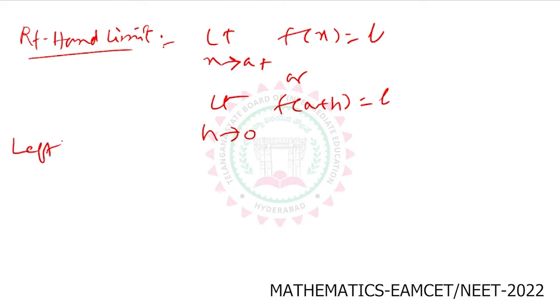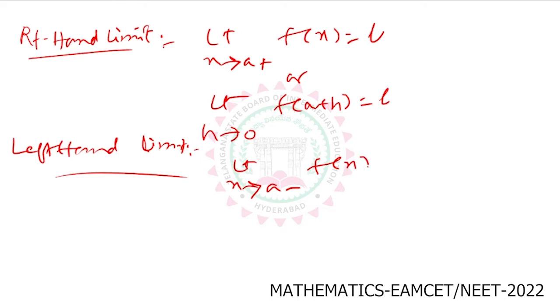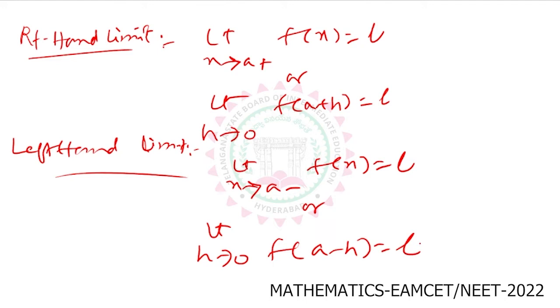Limit x tending to a minus of f(x) equal to L, or limit h tending to 0 of f(a minus h) is equal to L. If the right hand limit is equal to the left hand limit, then we say that the limit exists.